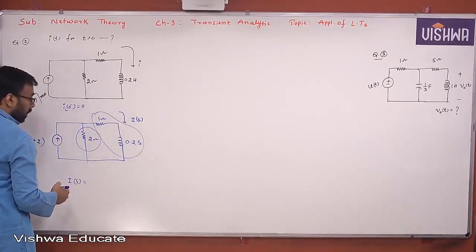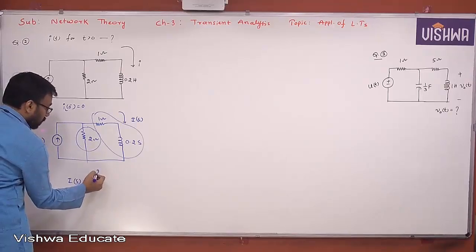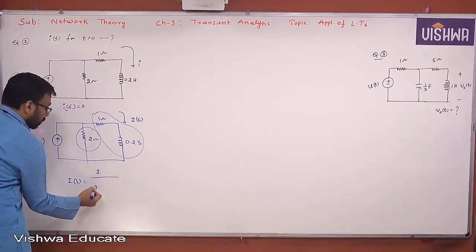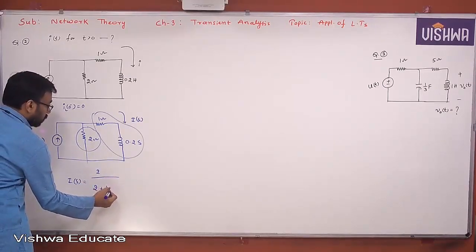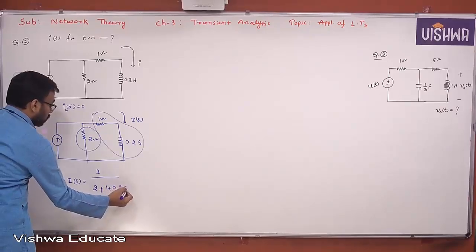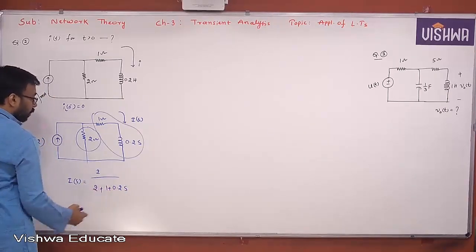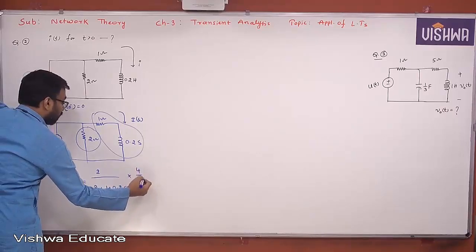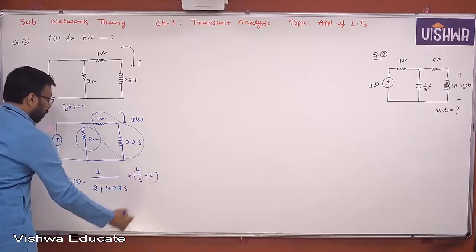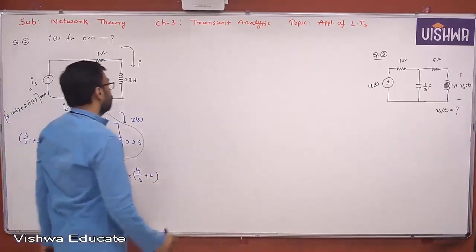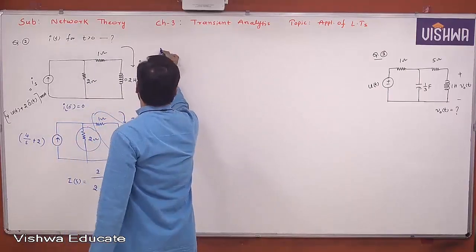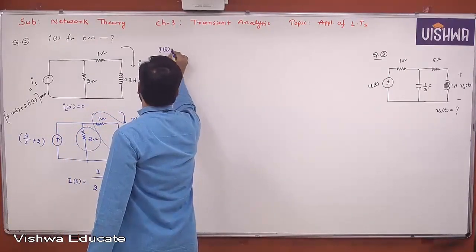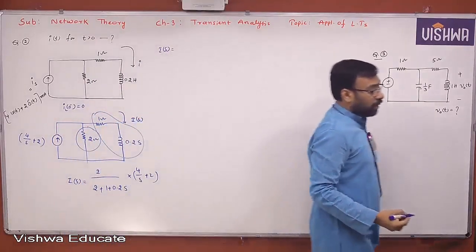The current flowing through Z2 is nothing but the opposite impedance Z1 by Z1 plus Z2, into 4 by s plus 2. Is it clear? Let us try to simplify it and find I(s). I will just give you that value directly.